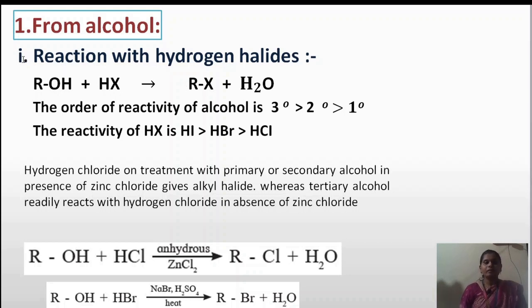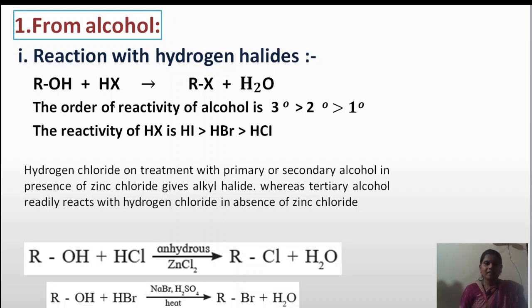So first method to form alkyl halide from alcohol is reaction with hydrogen halide, that is we react alcohol with the hydrogen halide. Now the general reaction for this reaction is like this: ROH reacts with HX to give RX, and byproduct of this reaction is H2O.